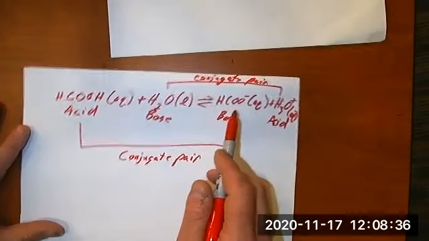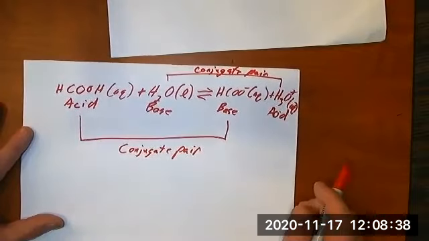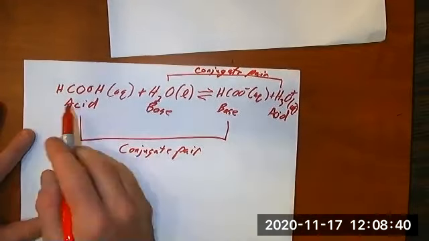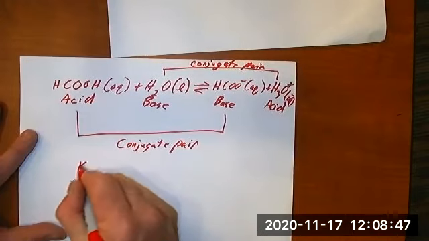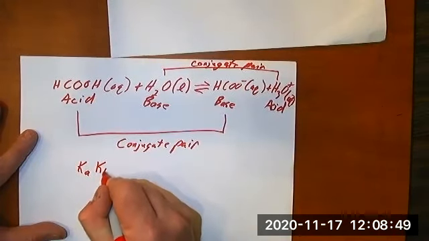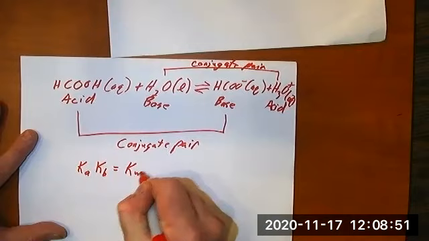It is also useful to identify conjugate pairs because there's a relationship between the Ka of the acid and the Kb of its conjugate base. That relationship is that Ka times Kb equals Kw.